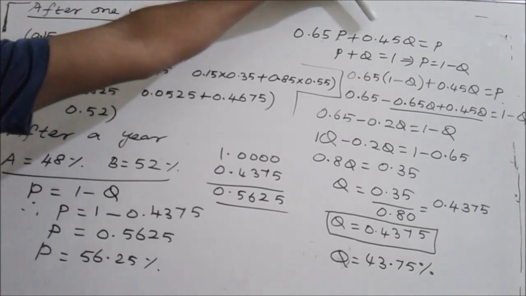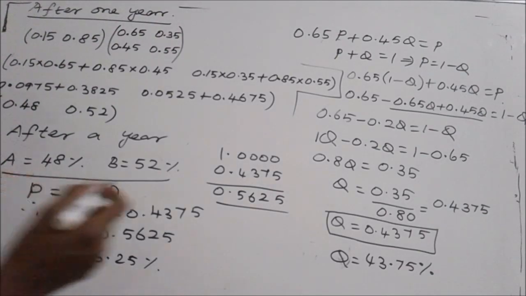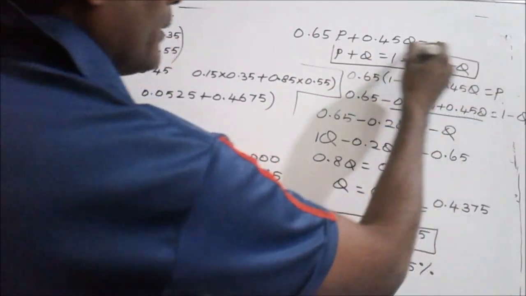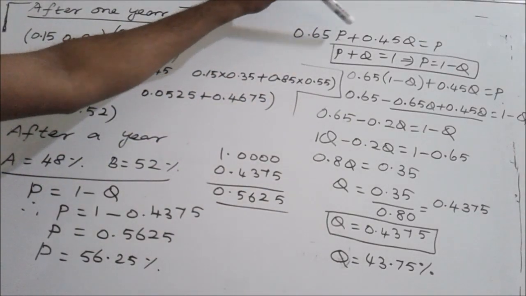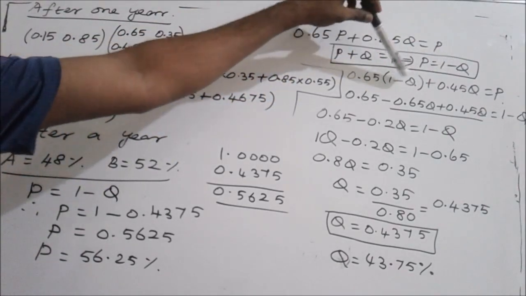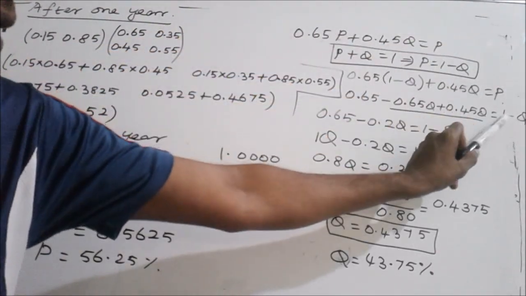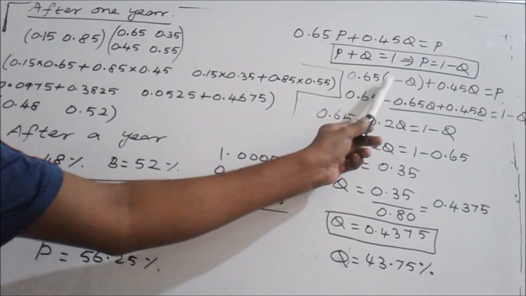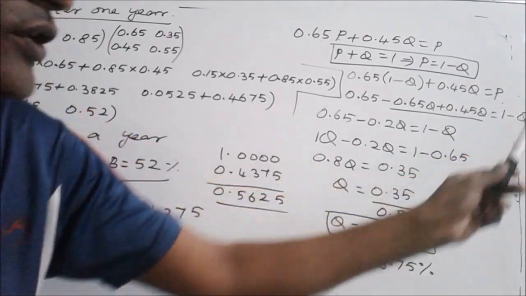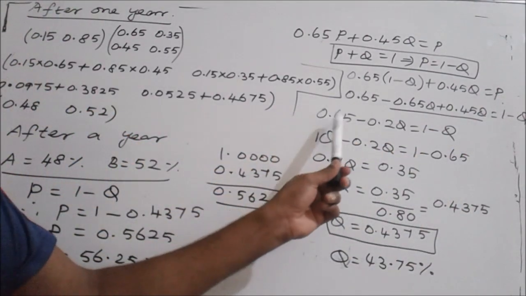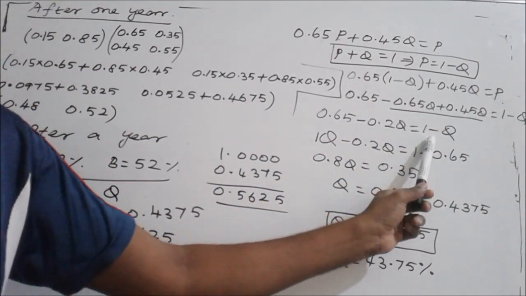By taking the first equation, 0.65P and 0.45Q equal to P, and P and Q represent probability measures, so P plus Q equal to 1 and P equal to 1 minus Q. Now simplifying, instead of P we can substitute 1 minus Q: 0.65 into 1 minus Q, and 0.45 into Q, P will be equal to 1 minus Q. Now multiply inside: 0.65 minus 0.65Q plus 0.45Q equal to 1 minus Q. Now simplifying this, 0.65 and these two implies minus 0.2Q equal to 1 minus Q.